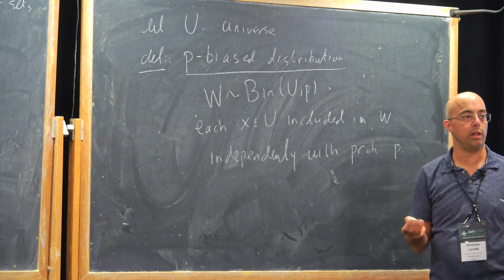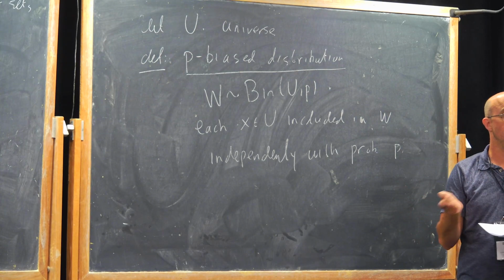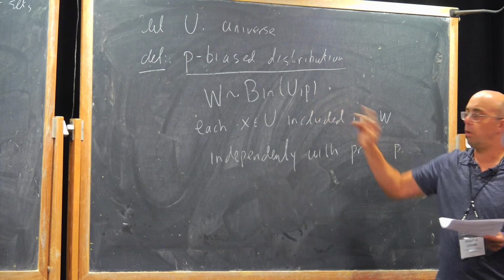This is like a G(n,p) model. You have a family, and we include each element independently with probability p. So I'm going to denote this by bin(U, p), like binomial.